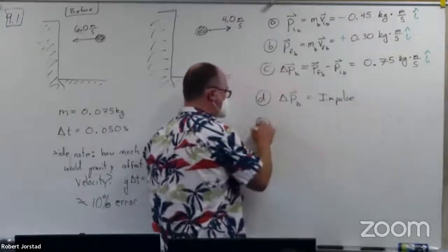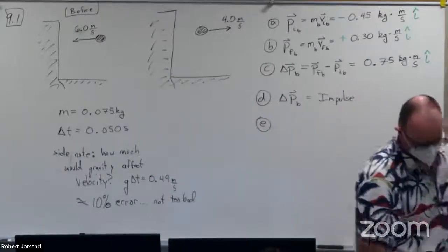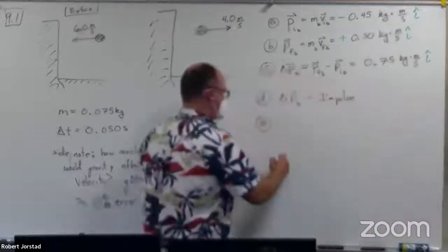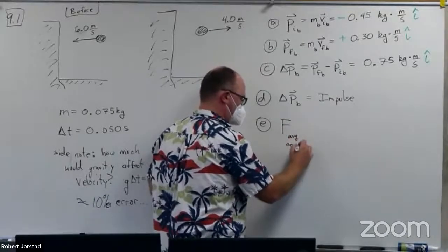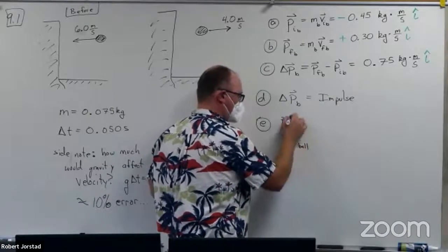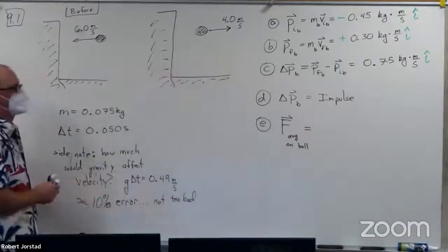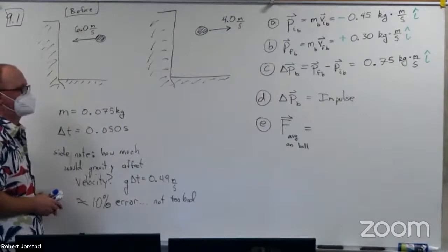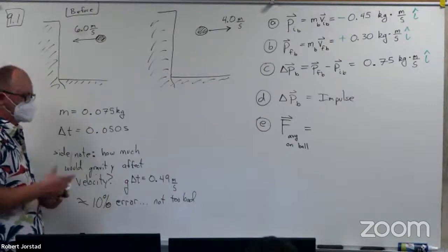Okay, E. Average force on ball. So I want force average on ball. How do I do that? Delta P over delta T. That's it.